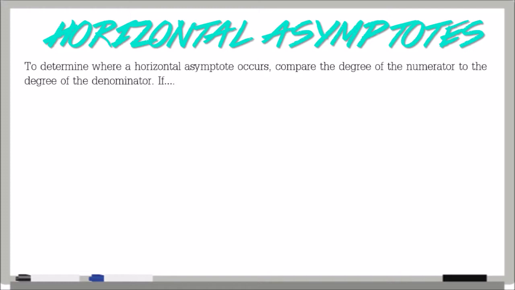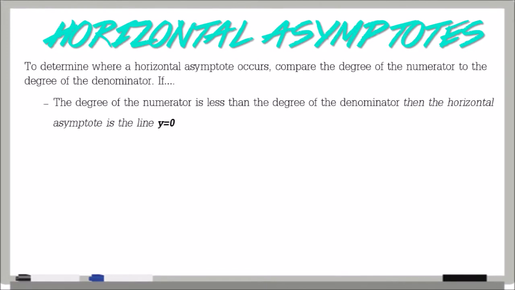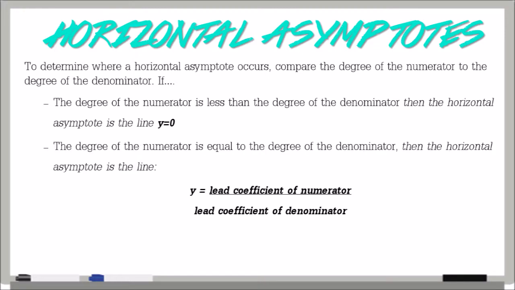To determine where a horizontal asymptote occurs, compare the degree of the numerator to the degree of the denominator. If the degree of the numerator is less than the degree of the denominator, then the horizontal asymptote is the line y equals 0.